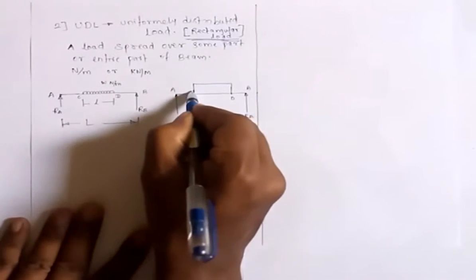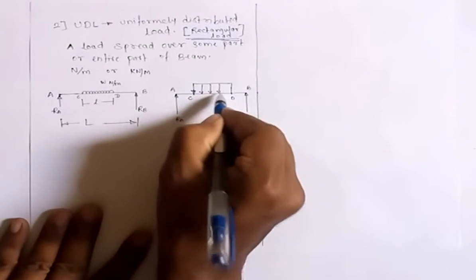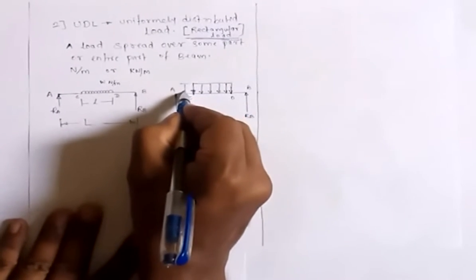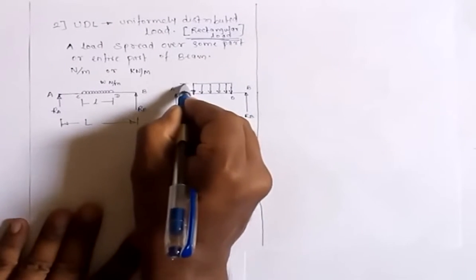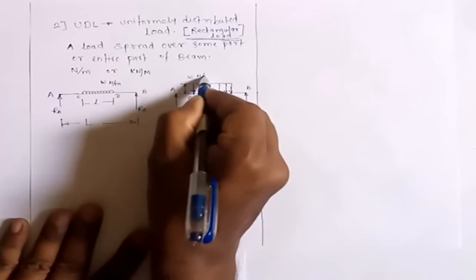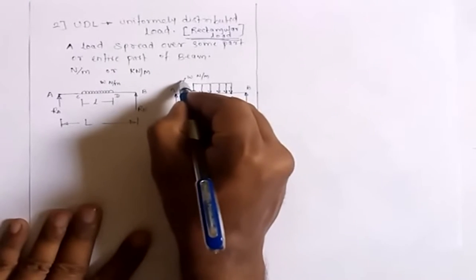So that is shown over here. The height of a rectangle is generally mentioned as W Newton per meter. So this is W Newton per meter.